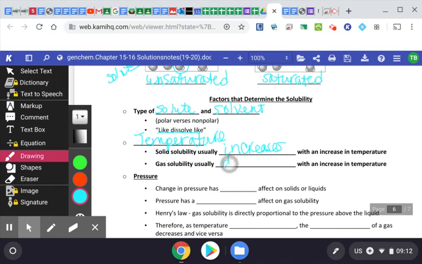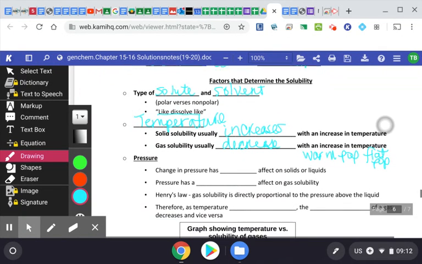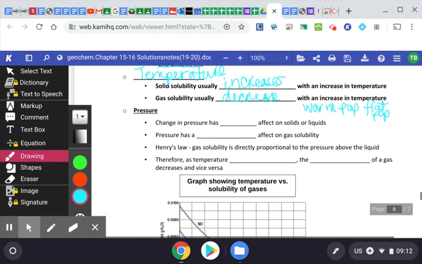Gas solubility is going to decrease with an increase in temperature. That's why warm pop is flat pop. When you heat up the temperature of pop, it can hold less. It decreases that gas solubility. So it holds less gas bubbles because it is increasing in temperature.